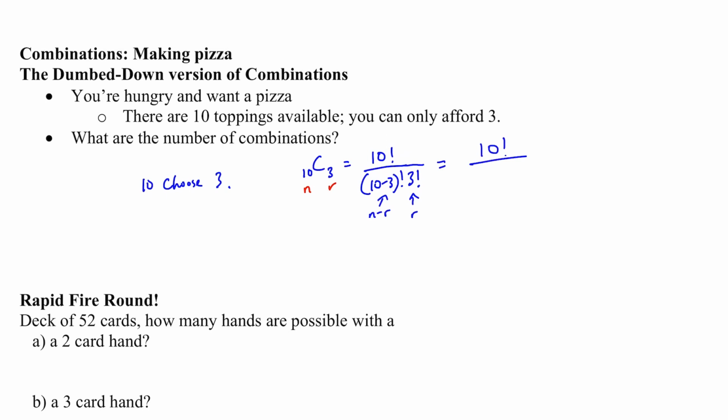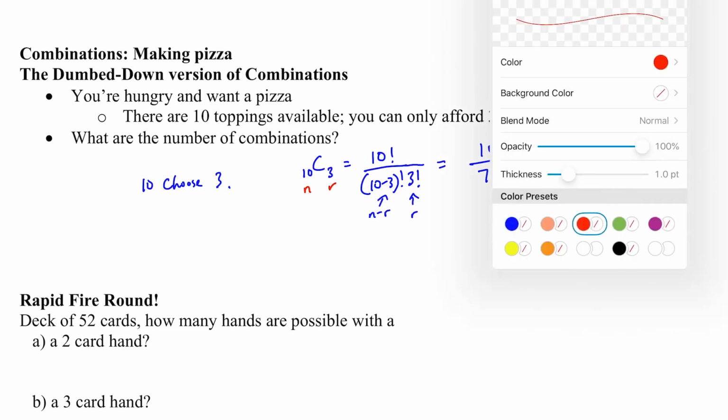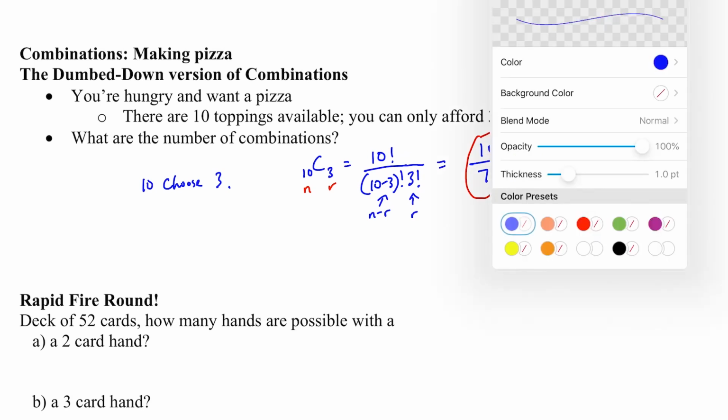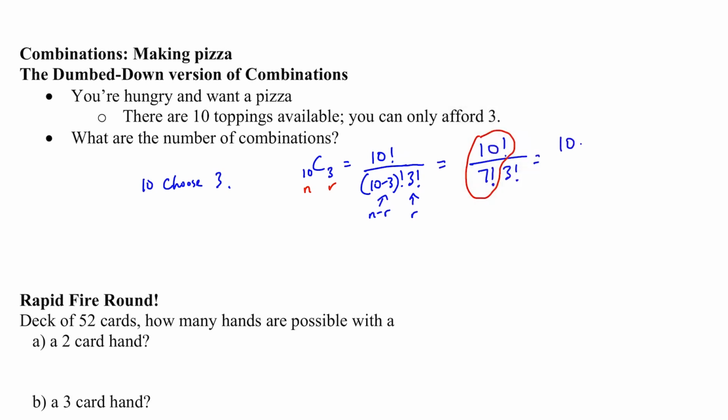So to simplify this, we do 10 factorial over, and 10 minus 3 is 7. So we have 7 factorial, 3 factorial. So we can think of this, and we can do this without a calculator here, as 10 factorial over 7 factorial, that's like 10 times 9 times 8 times 7 factorial on top, and 7 factorial on the bottom with a 3 factorial.